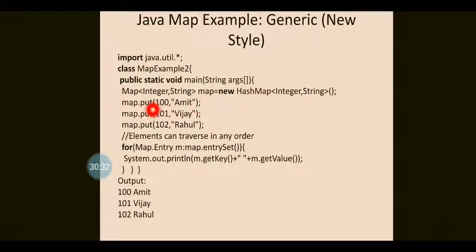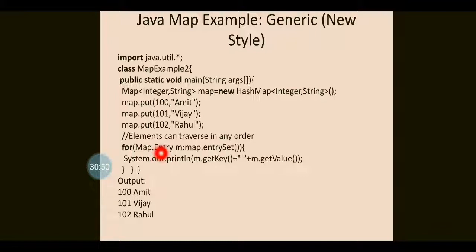The put method is used to insert the key and value into the map. So put of key comma value you can give. And in order to traverse the map, we have already seen Map.Entry can be used.